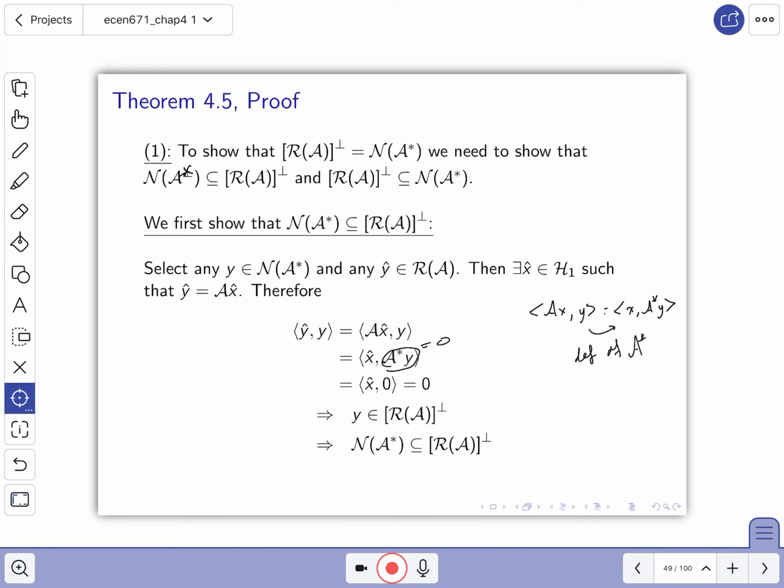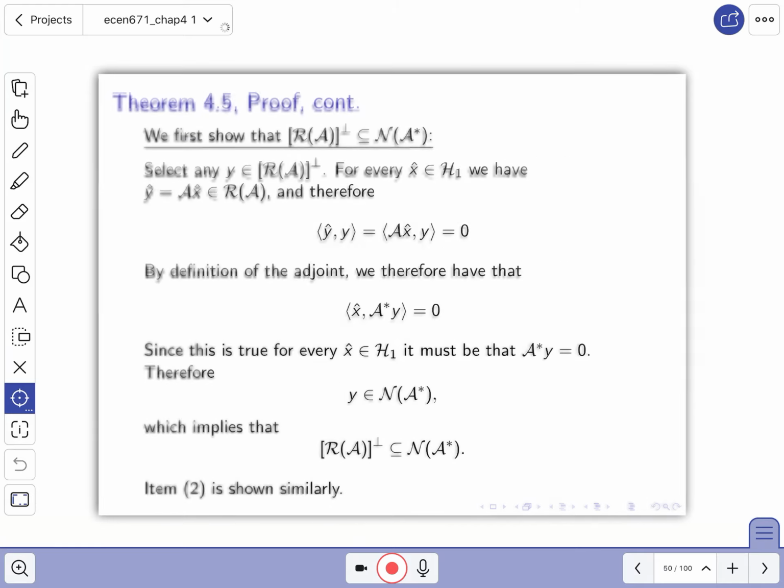And therefore, Y is contained in the space that is orthogonal to the range space of A. So therefore, we've shown that the null space of A star is contained in the space that is orthogonal to the range space of A.